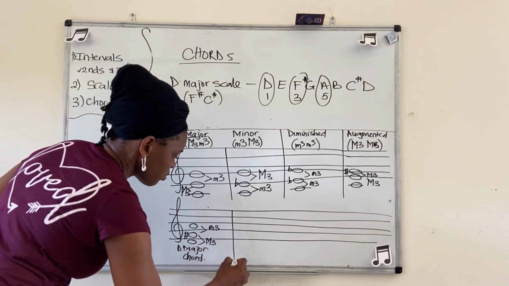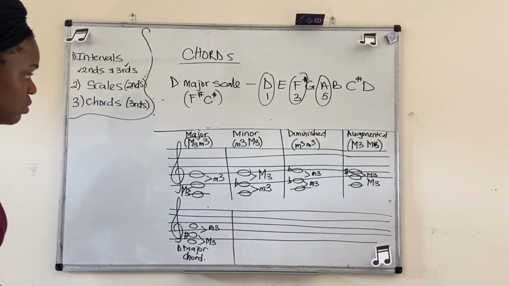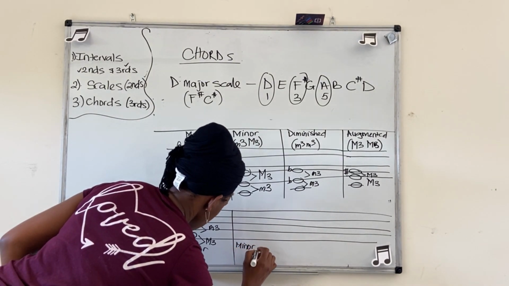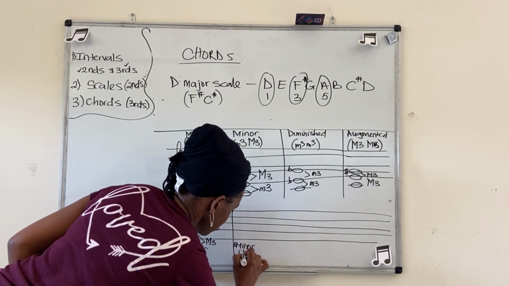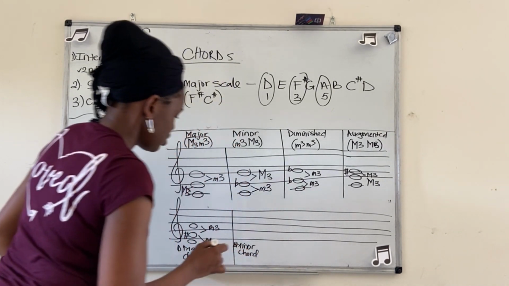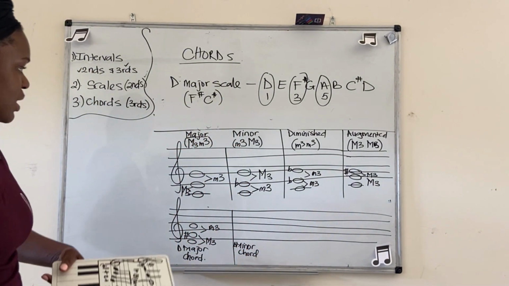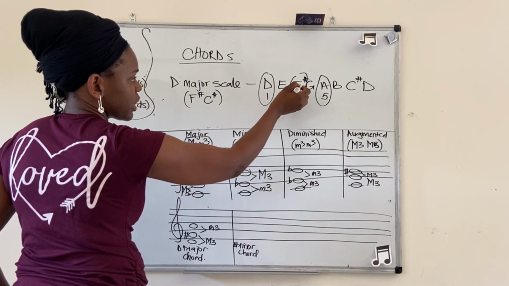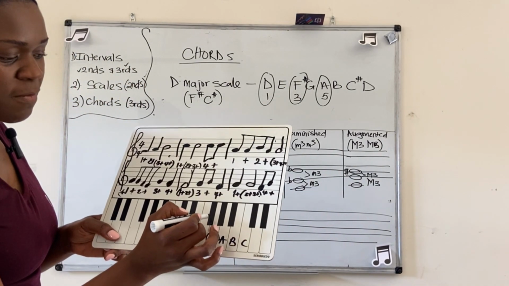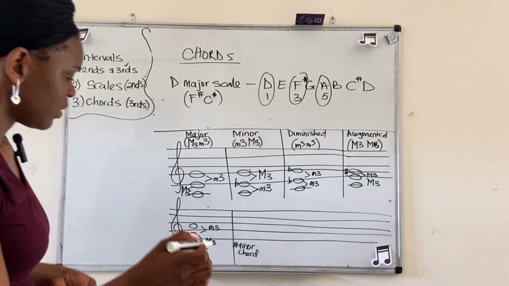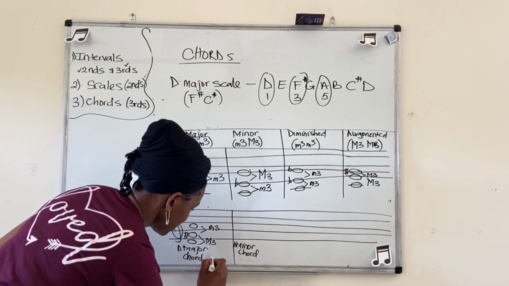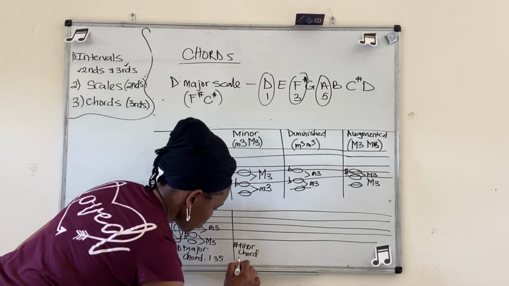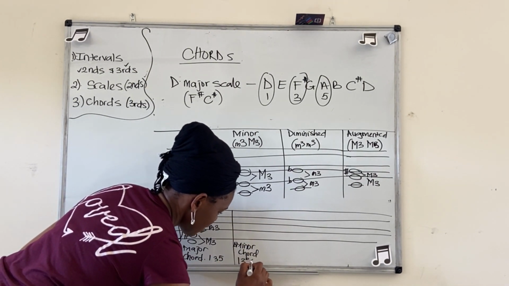So if we now want to form a D minor chord, what are we going to do? We're going to flat this one. We remember that our major chord is 1, 3, 5. Our minor chord is 1, flat 3, and 5.